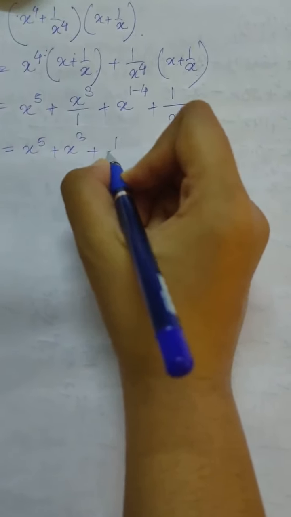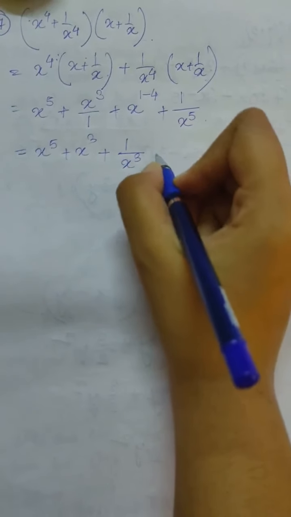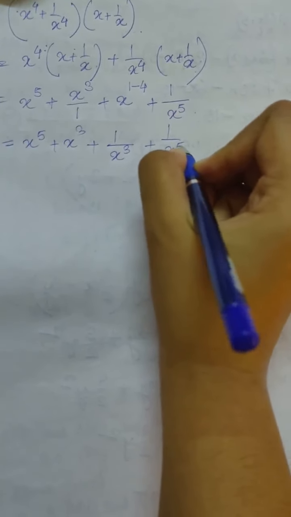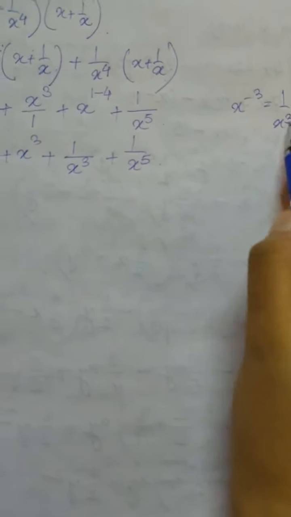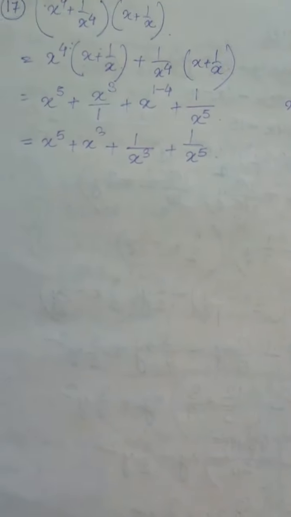So that means we can write it as 1 by x cube, then plus 1 by x to the power 5. Remember, in exponents we have learned that x to the power minus 3 means 1 by x to the power 3. So this is what I have done here. Okay, so this is the final answer.